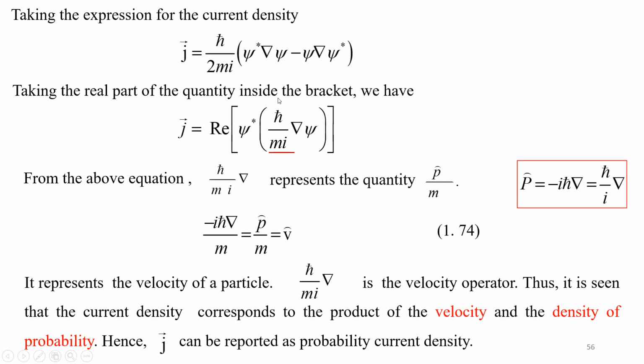Now let us take the expression for the current density. J equals ħ divided by 2mi, (ψ* ∇ψ − ψ ∇ψ*). Now just take the real part of the quantity inside the bracket.